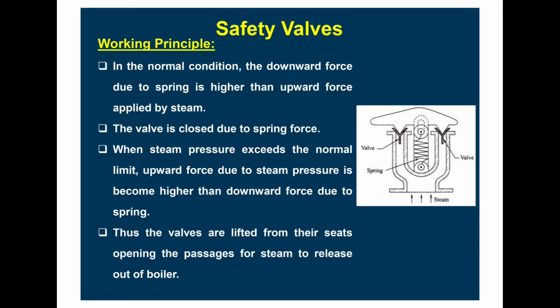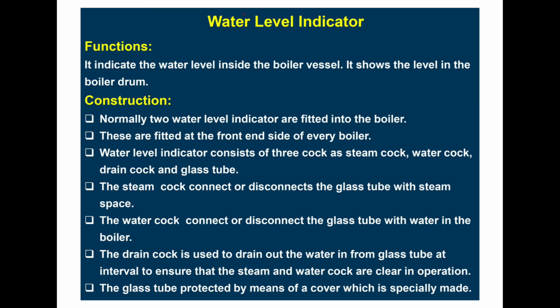The valve is closed due to the spring force. When the steam pressure exceeds the normal limit, the upward force due to steam pressure becomes higher than the downward force due to the spring. Thus the valve is lifted from its seat, opening the passage for steam to release out of the boiler.